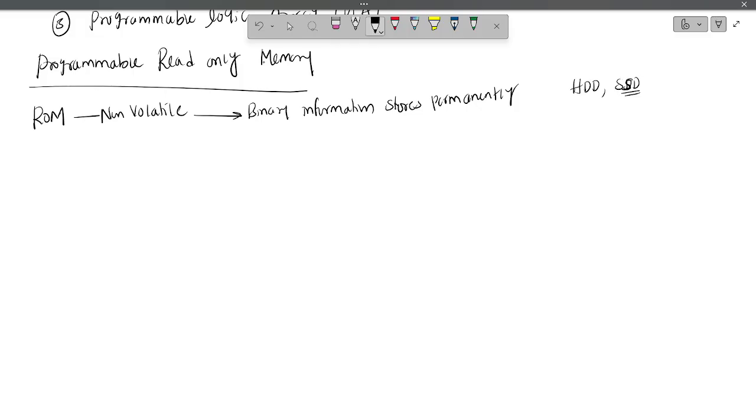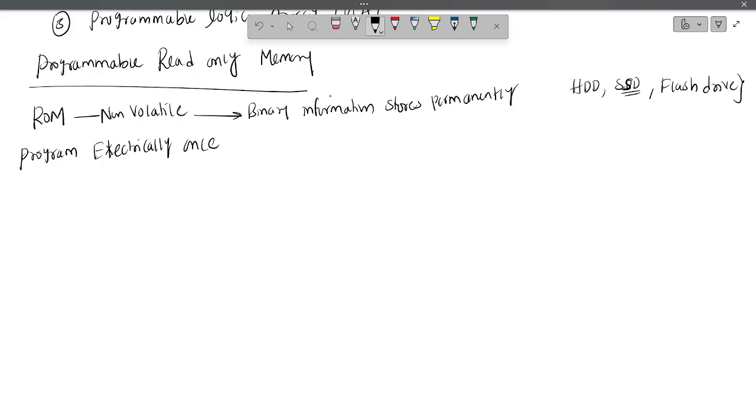We can program electrically. Your pen drive, which we call a flash drive, lets you erase a block of data at a time.